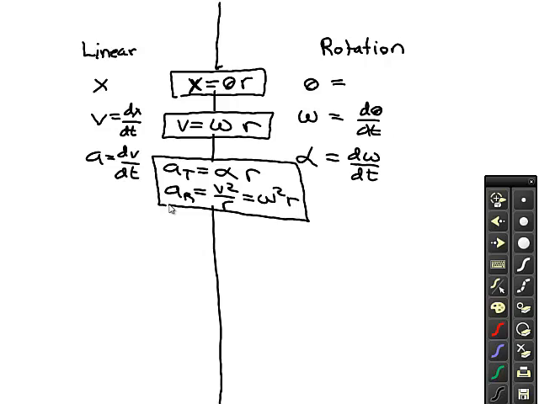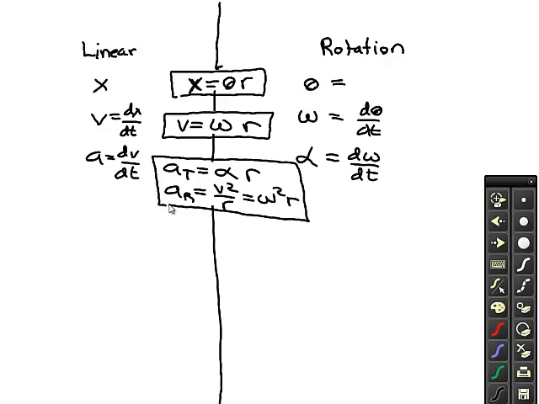Omega is about as close as we come to a Greek letter V. And theta is just used for angle all the time, so we use theta instead of x. But yeah, the idea was to give it the same flavor as x, v, and a, except Greek letters instead of Roman letters. So it kind of makes sense.